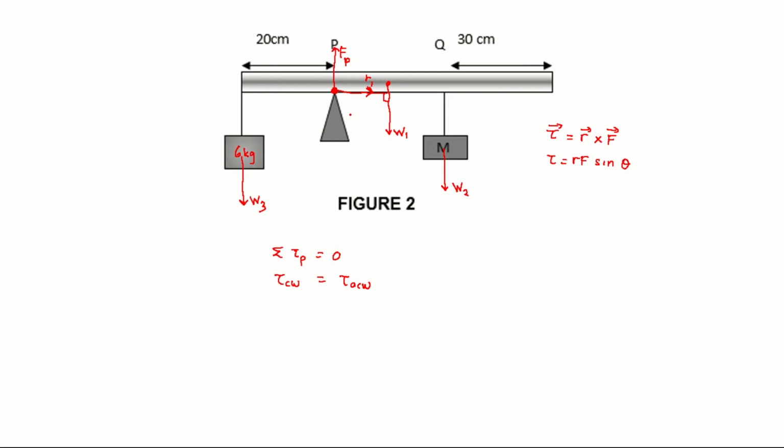So what is the value of R1? We know that the weight is at the center, so that is 50 cm, and from point P to weight 1 must be 30 cm.